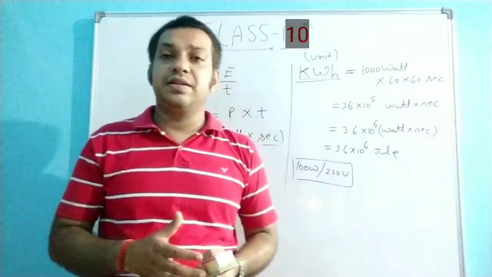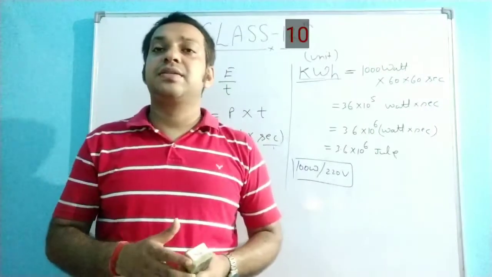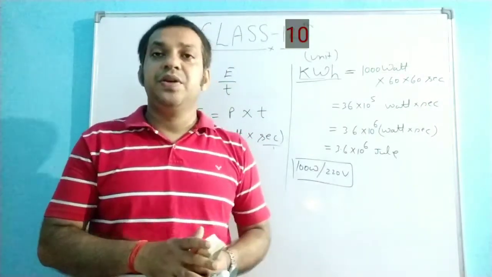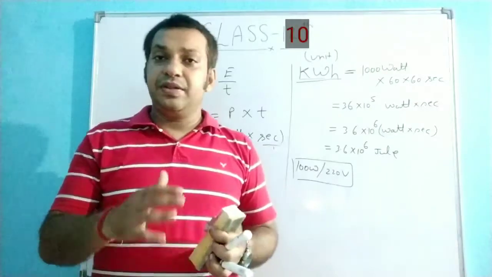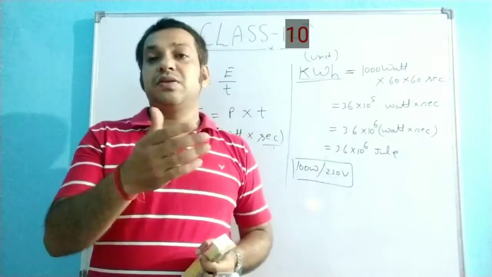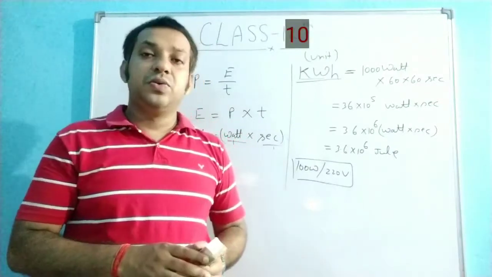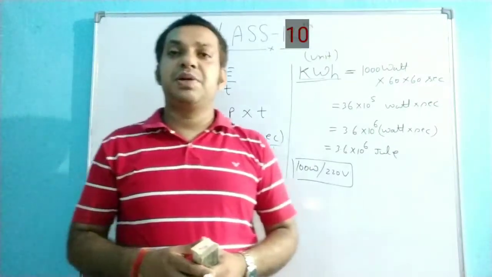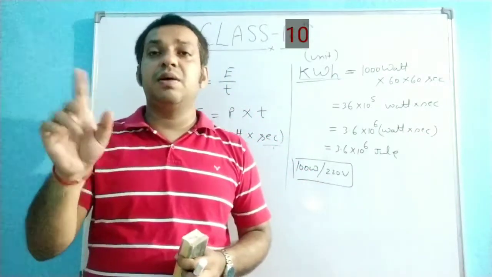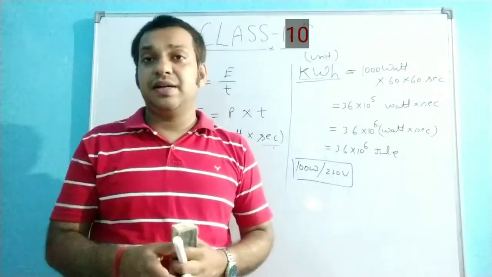that the appliance is consuming less energy. That is why it is marked 3-star, 4-star, or 5-star. So whenever you are going to purchase a particular appliance, you should see the power rating or the appliance star.